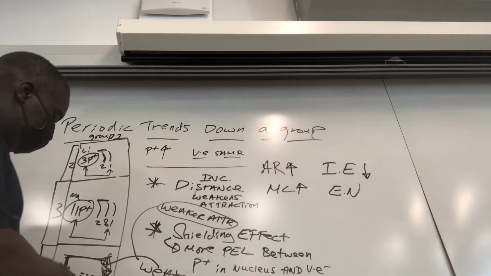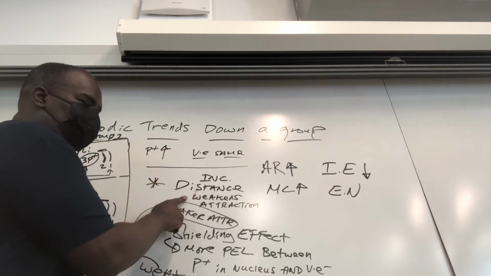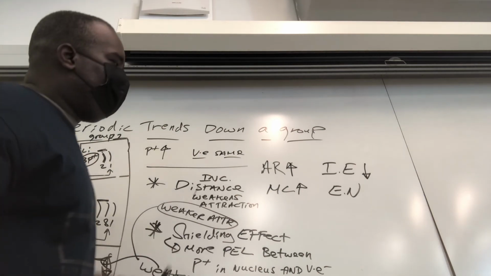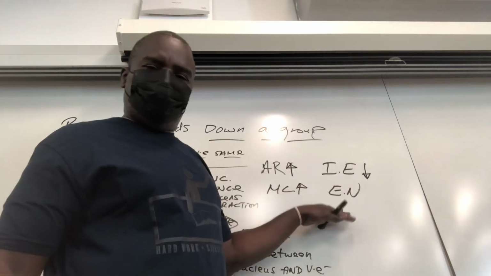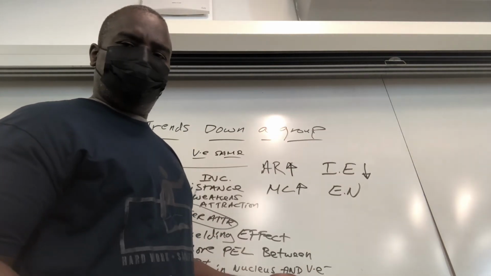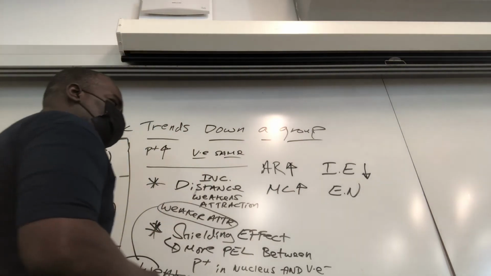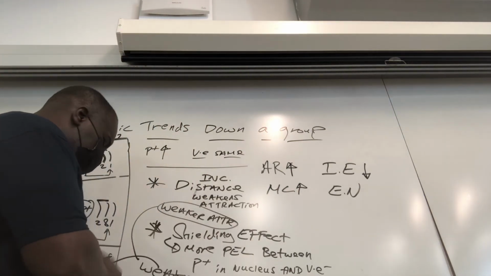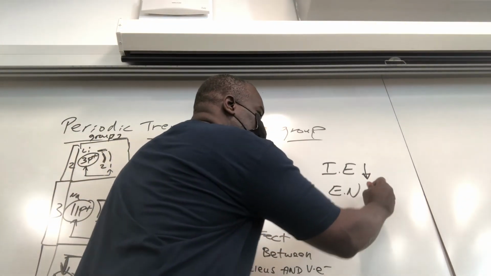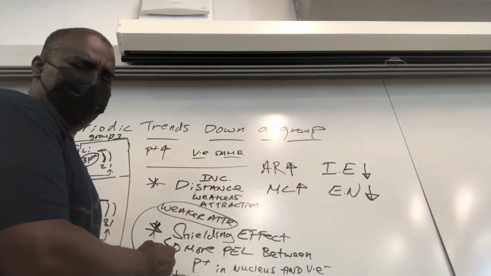We agree that as you go down, once again, because of the increased distance and the shielding especially, the electronegativity, the ability to attract electrons toward yourself, will decrease, okay? Because why? The attraction is decreasing. There's more shielding that blocks the attraction the proton has for a valence electron. So the electronegativity decreases as you go down a group because of the weakened attraction.